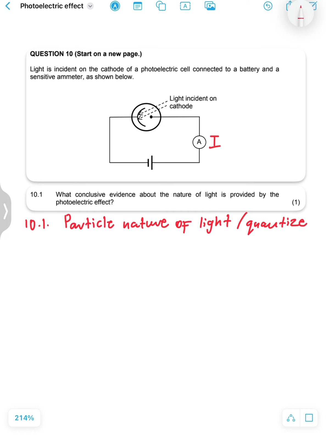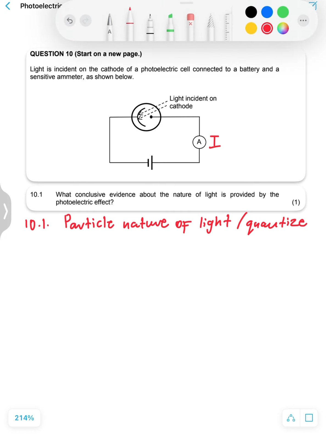So let's look at 10.2. Just to explain briefly on 10.1, remember that when you shine a light on a cathode or any metal surface, because of the particle nature of light, each photon, which is the particle of light, strikes an electron and transfers energy from the photon to the electron, and hence the electron can be ejected, right?